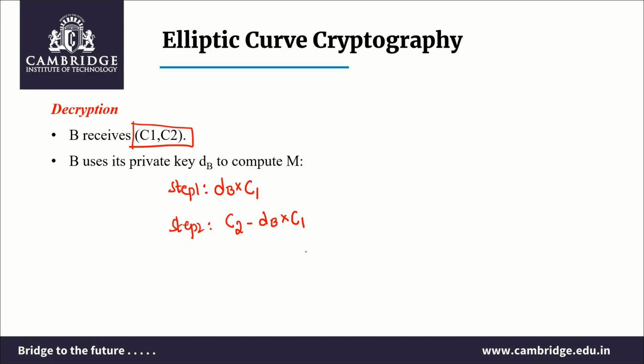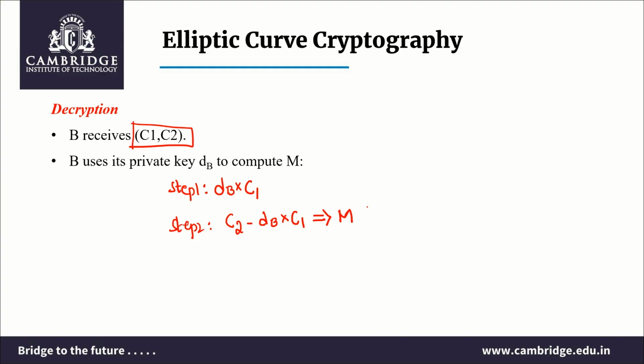When this step is completed, you are going to get the message back. There are two steps, right? For the first step, the x parameter is considered and multiplied with the private key. As you know, the private key should be used by the receiver to decrypt the message.